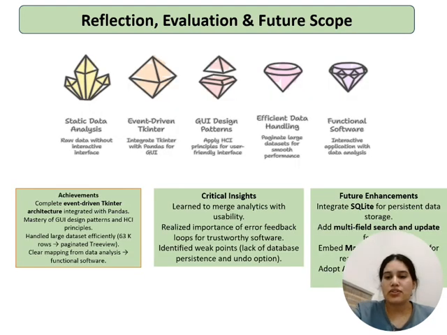Slide 16. Reflection, evaluation, and future scope. This phase demonstrates a practical evolution from analyzing data to usable software. Key achievements include mastering event-driven logging, syncing pandas data dynamically, and optimizing GUI responsiveness for large datasets.